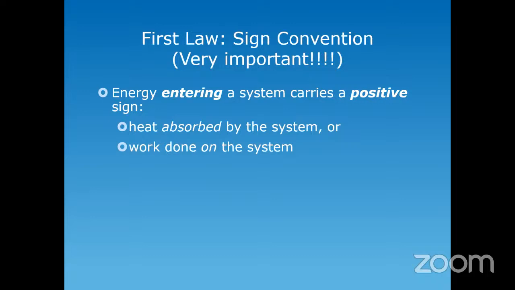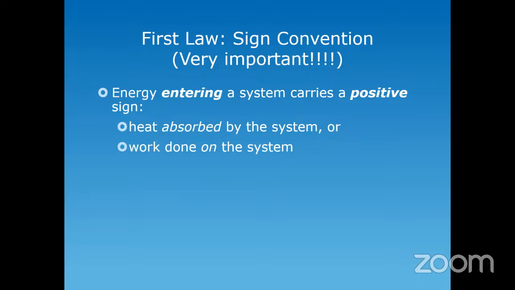If energy is entering the system, then the energy change is positive. And that could mean one or both of two things. It could mean that heat is absorbed by the system. That would certainly increase the energy of the system. And then it could also mean that work is done on a system. So if heat is absorbed by the system and work is done on a system, then definitely the internal energy will increase.